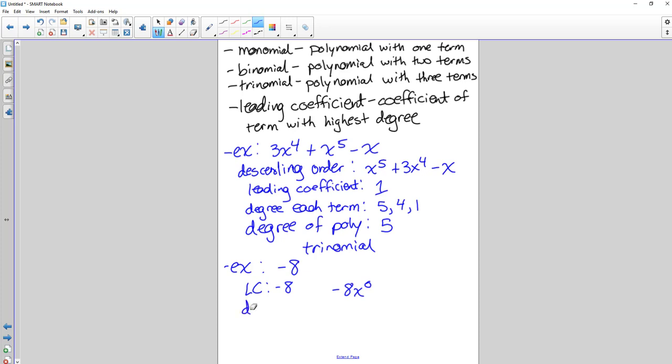The degree of the only term, which thus would be the degree of the polynomial, would be 0, because that's like x to the 0 power. And then last, this would be a monomial. So that one's a little kind of special, but hopefully that all makes sense.